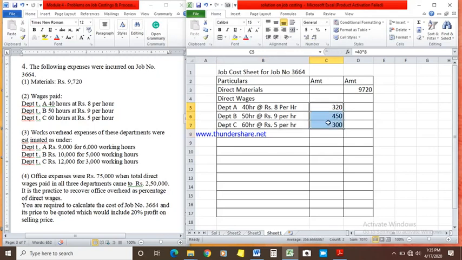So the total of all the three together comes to 1,070. That is our prime cost.